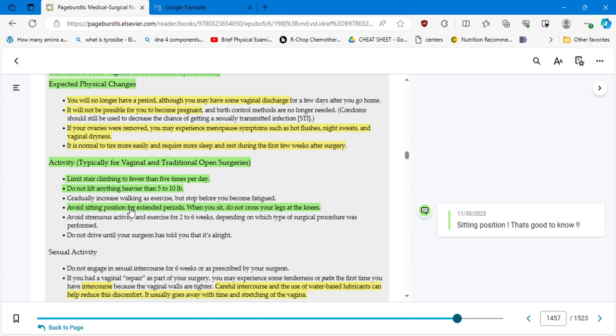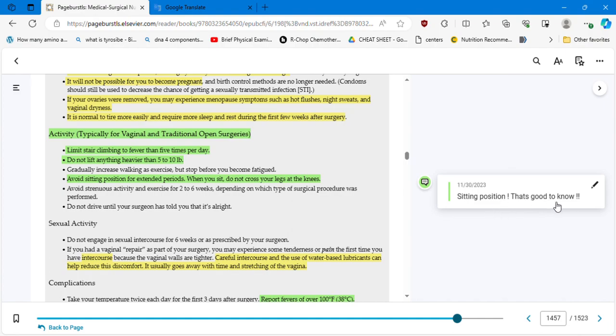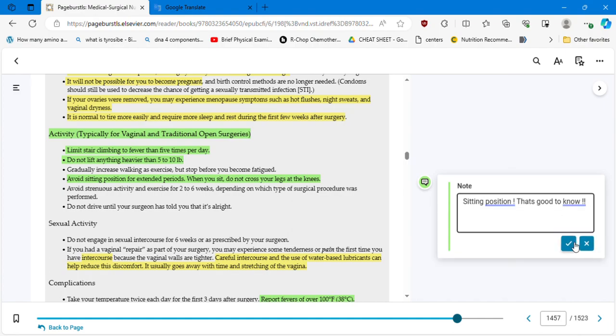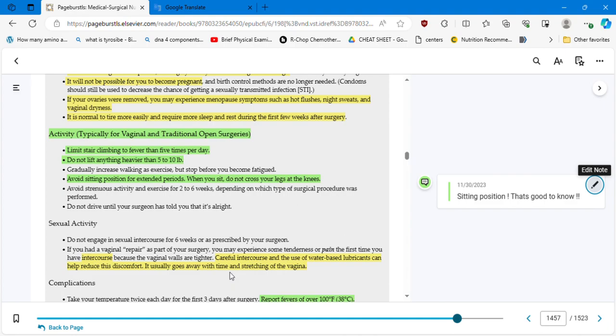Avoid sitting position for extended periods. That includes when you sit, do not cross your legs at the knees. So that includes your driving habits, okay? Avoid strenuous activities. And that's good to know, the sitting position. Pay attention to the sitting position.